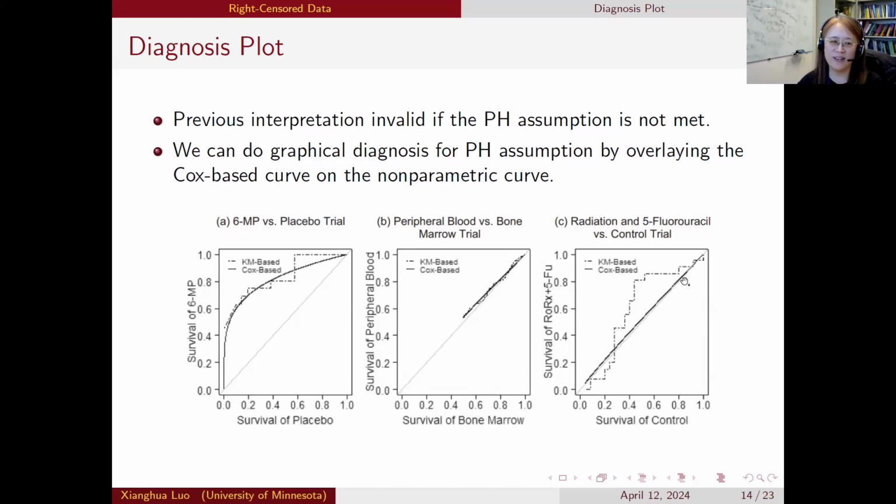Of course, you can improve the model, but this plot exactly tells you that the simple Cox model is not a good fit of the data, right? So you can maybe use a change point Cox model to improve the fit. That's the help message from the graphical method that we propose.